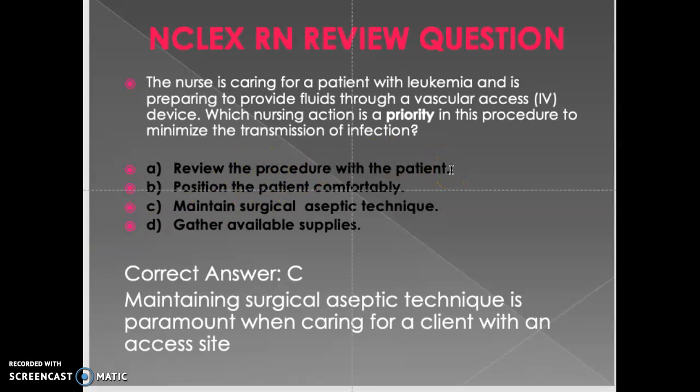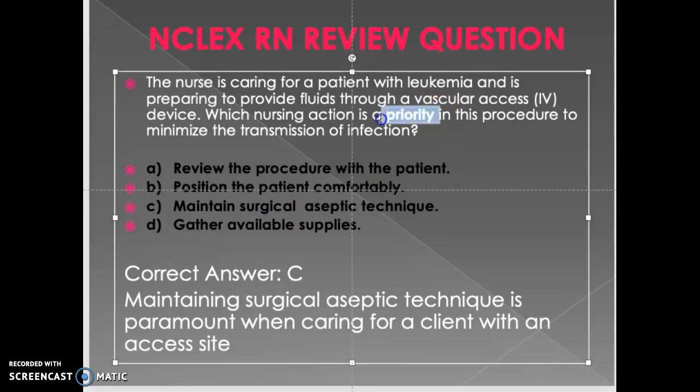Of course, we have to inform our patients of everything that we're doing. We have to explain. We have to position our patient comfortably for every procedure. We have to gather the available supplies to perform the procedure. But this is a priority question. The main answer, the priority in this question, is that maintaining surgical aseptic technique is critical in preventing infection. So the correct answer is C.